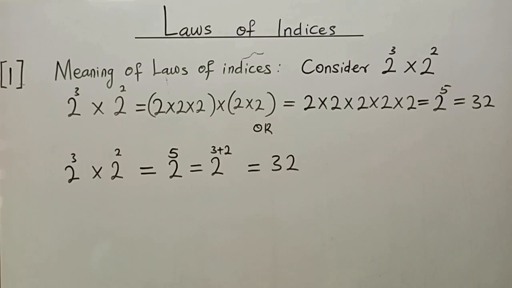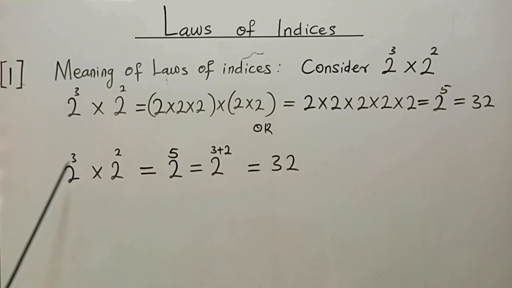In actual sense, I have come to learn that when an index form of a number multiplies another index form of a number and the two are in the same base, the answer will be that same base raised to the power the sum of their powers.